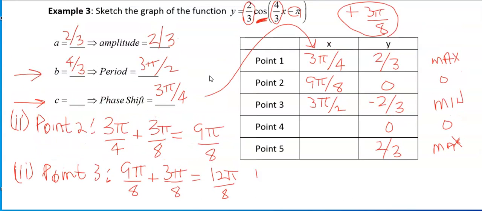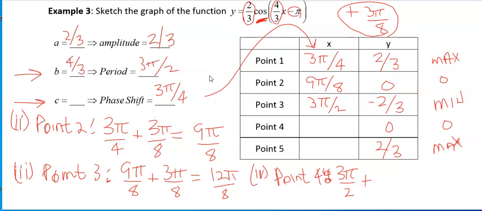For point number 4, IV, if you're used to Roman numerals. If you're not, don't worry about it. Point number 4. We started out with 12 pi over 8. That was the last one, or 3 pi over 2, whatever you wanted to call it.